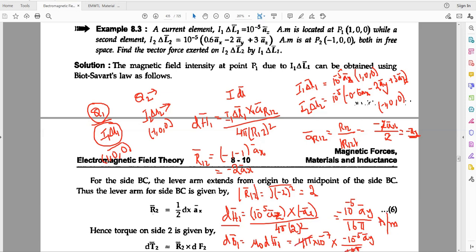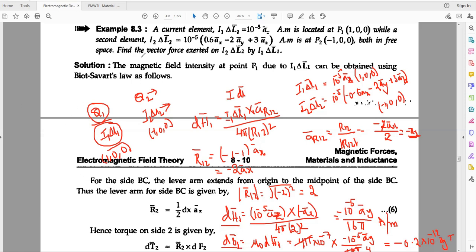So the 4 pi cancels, and 10 power -7 with 10 power -5 gives 10 power -12. Minus 1 by 4 is -0.25 into 10 power -12 AY bar. This is the differential magnetic flux density, in Tesla.